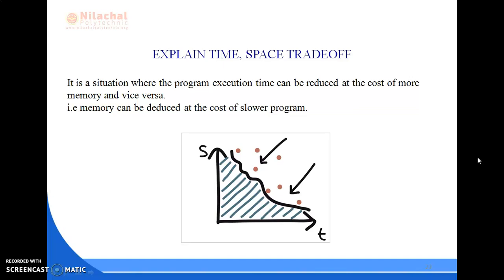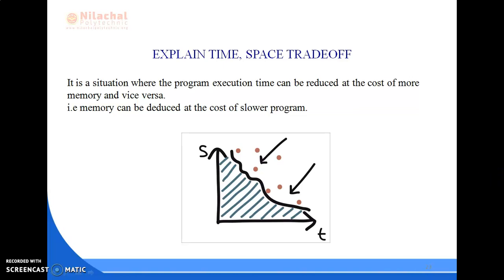So, to overcome this situation, we have the concept of time and space trade-off. It is a situation where the program execution time can be reduced at the cost of more memory, or the memory can be reduced at the cost of a slower program.